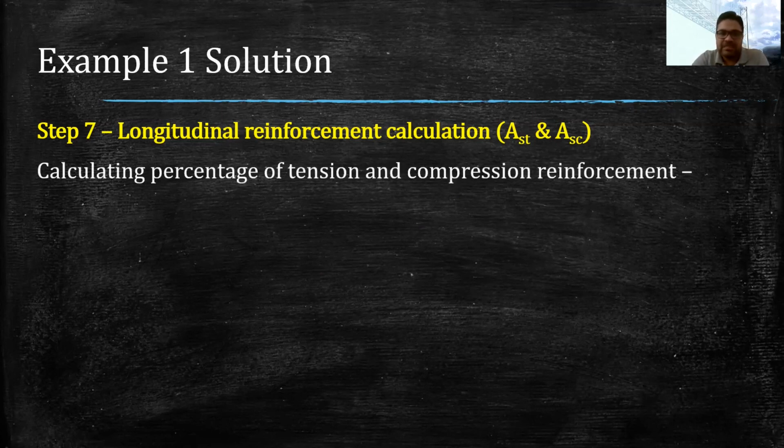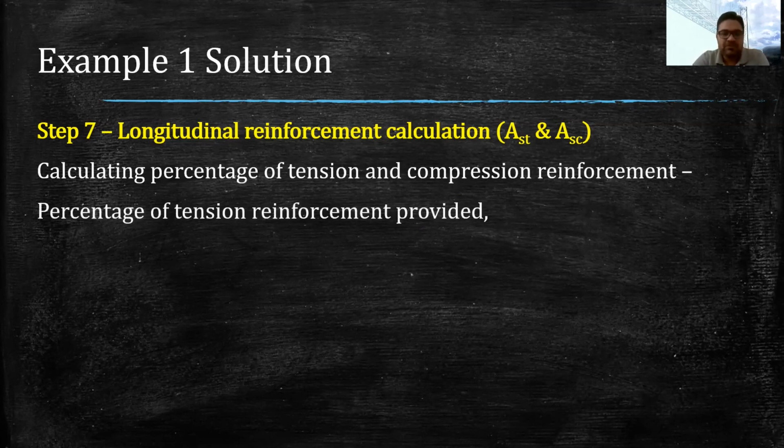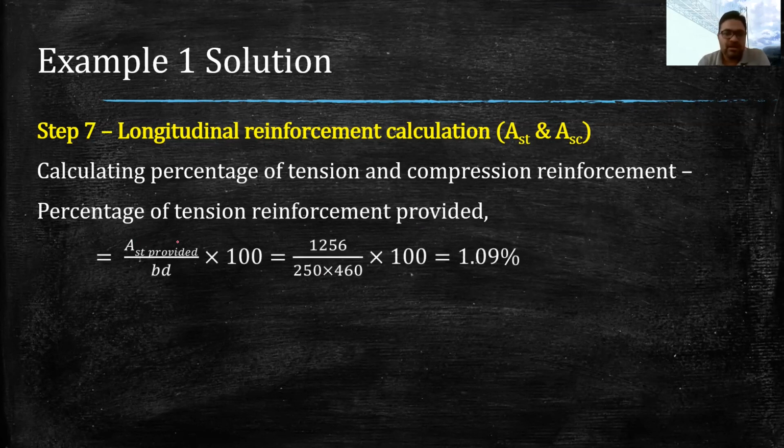The percentage of tension and compression reinforcement can be calculated easily. The percentage of tension reinforcement provided will be area of steel provided in tension divided by the effective area of cross section. When I say effective area of cross section, in that we take d as effective depth. When I say total area of cross section, in that we take the overall depth.